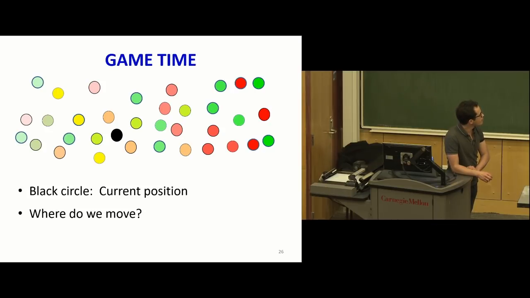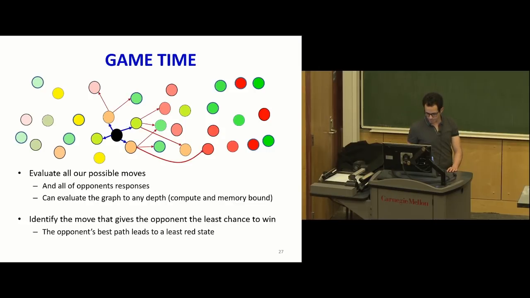So from the black circle, what's the good position? You've got a bunch of possible moves. And if you were, for example, to go to the greenest available node, that would probably not be a good choice.